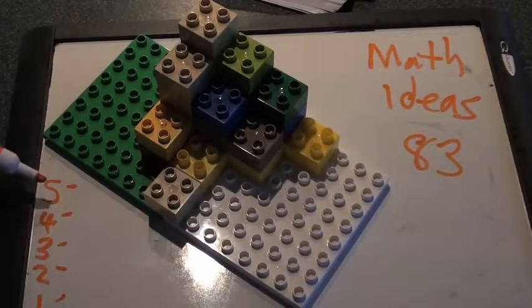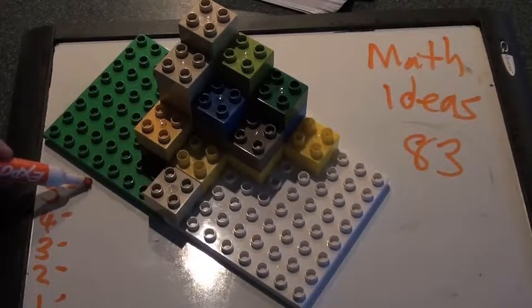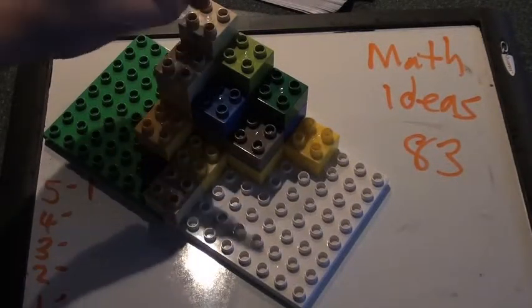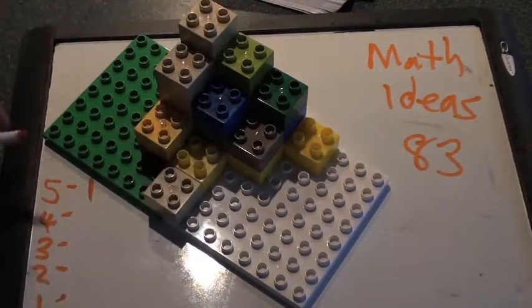So we'll call the top layer layer number 5. How many blocks are on the top layer? 1. Okay, well, that was easy. You think the next layers are going to be that easy? Okay, so we got this 1 block. Now we have to figure out how many are on layer 4. How do we do that?